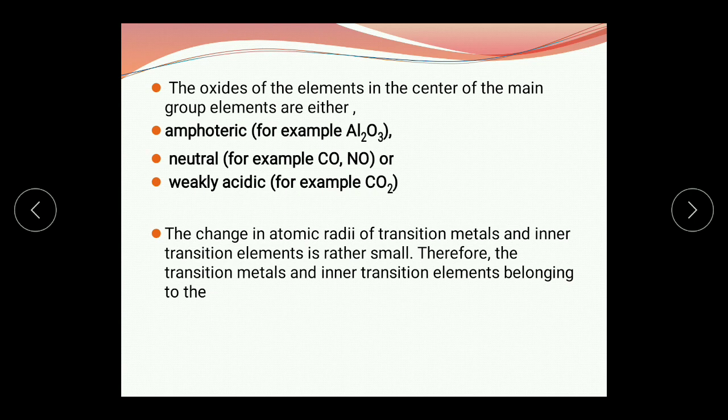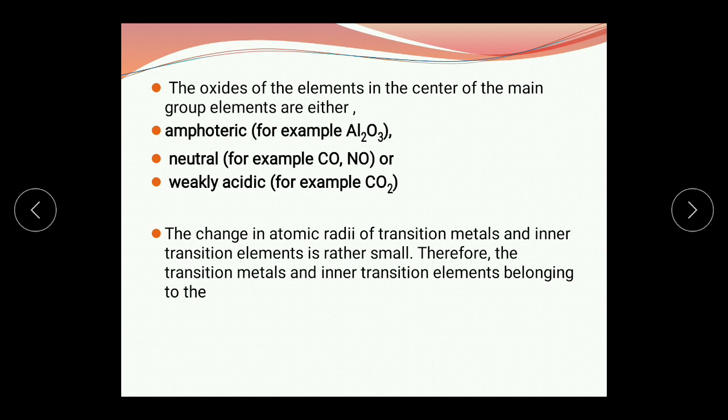There are lanthanides and actinides, two series. They have very little change in the atomic radii, and hence the transition metals and inner transition elements belonging to the individual series have similar chemical properties.